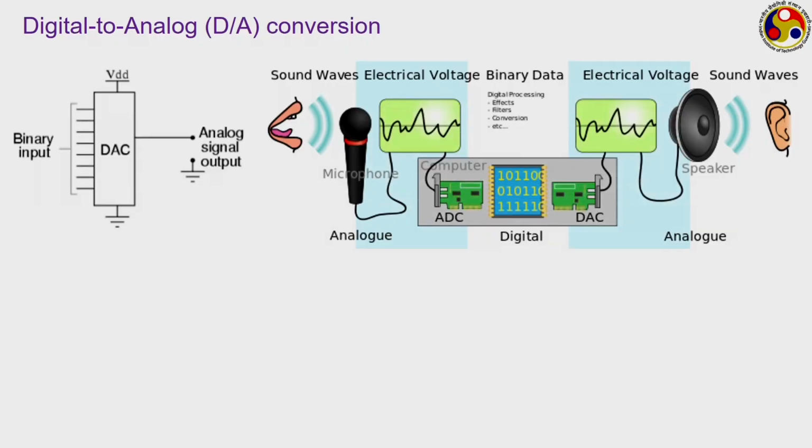Therefore, whatever binary data we have stored or processed or analyzed, that needs to be converted back to the analog form, and then we can get the final output from this. Just think about one very common application, a telephone receiver.